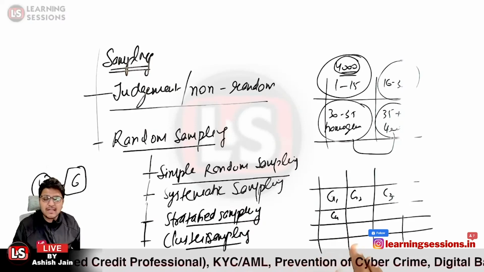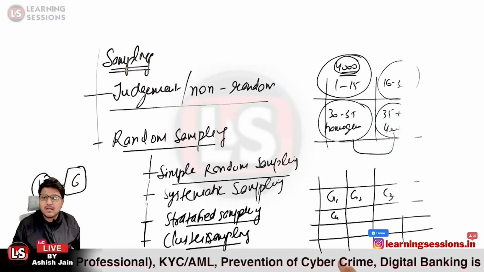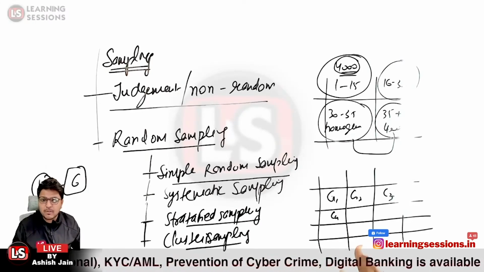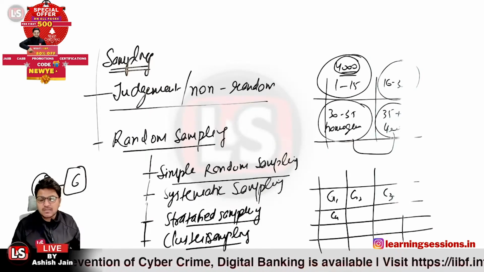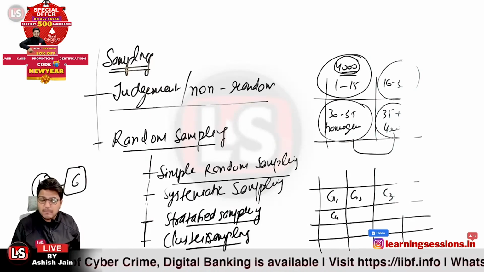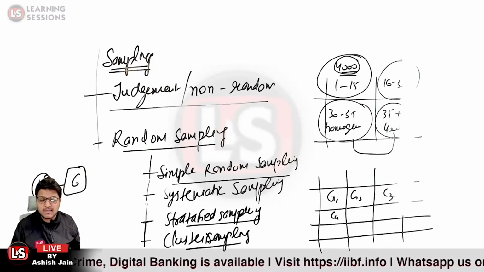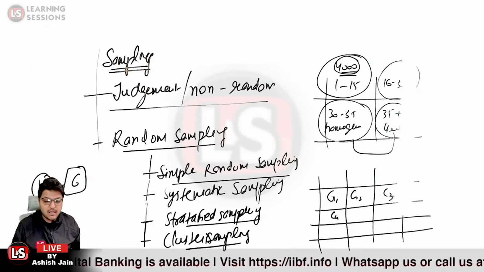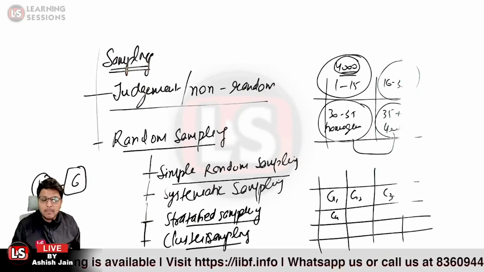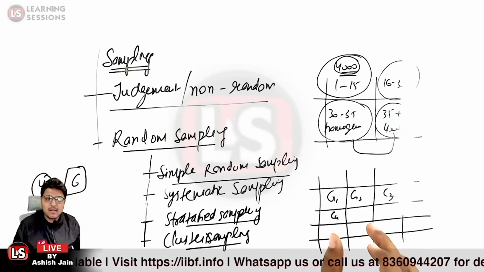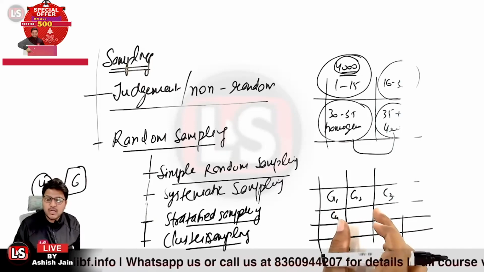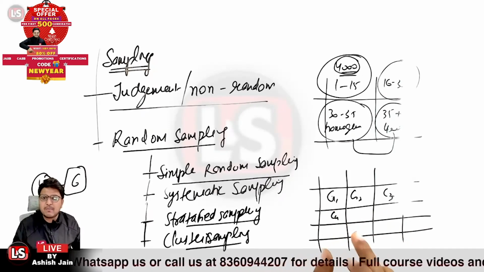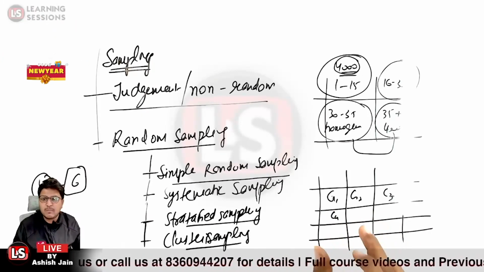So we can say there is heterogeneity in the cluster itself. The characteristics are not similar, because every type of person resides in an individual cluster. But if we compare two different clusters, say cluster 1 with cluster 2, there will not be that much deviation.